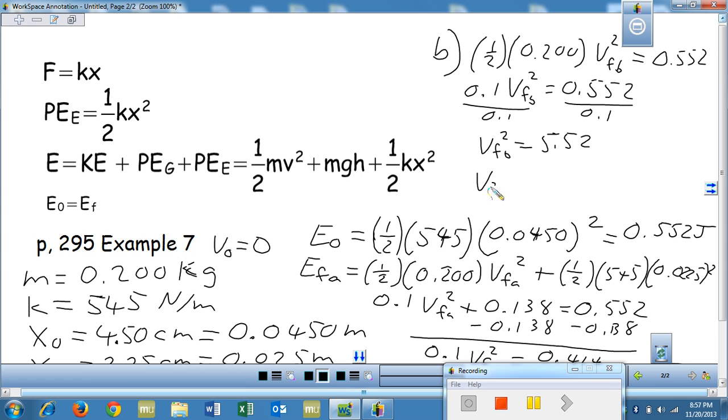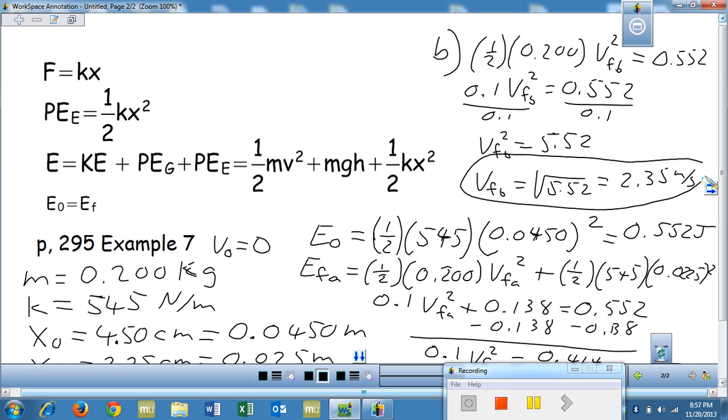So V final B is the square root of 5.52, which is equal to 2.35 meters per second. So there's our answer for B. And that's the whole problem.